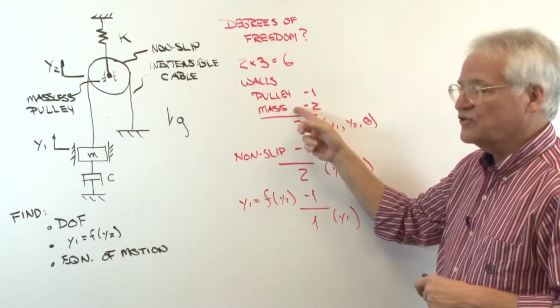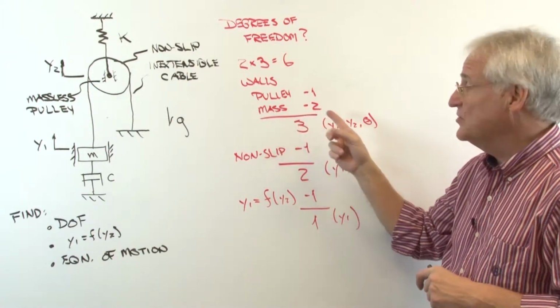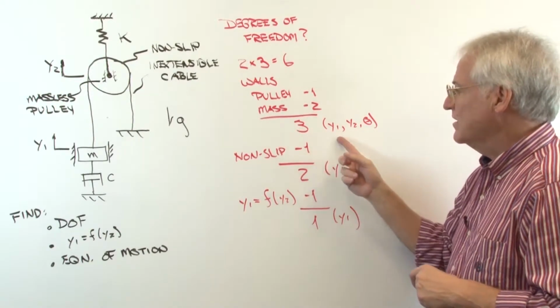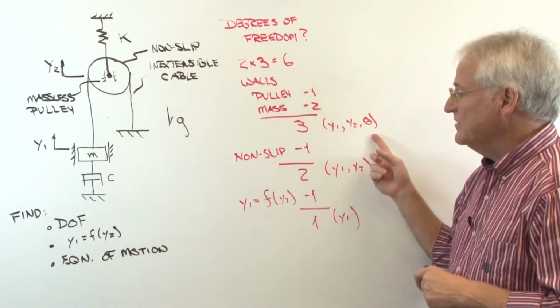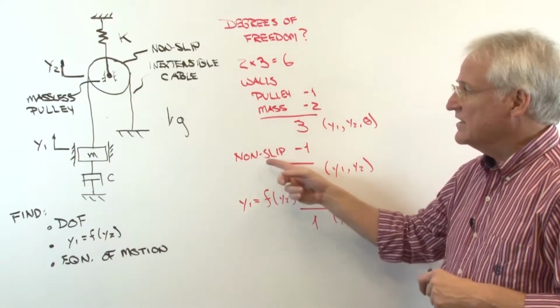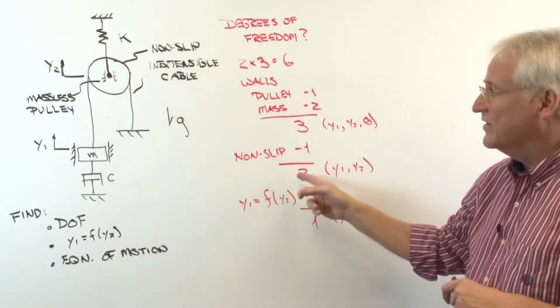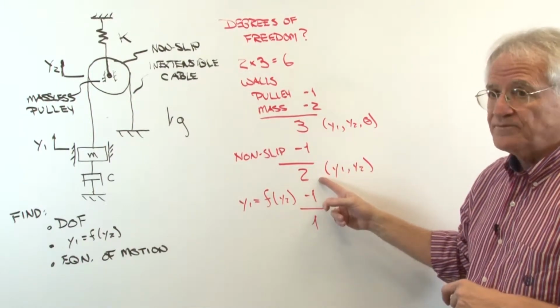The walls constraining the mass prevent horizontal motion and rotation, eliminating 2. So you got 3 possible degrees of freedom, Y1, Y2, and theta. The non-slip condition between the inextensible cable and the pulley eliminates another, leaving you with 2.